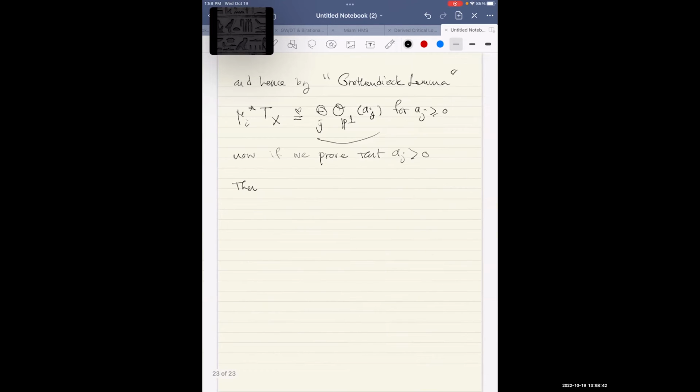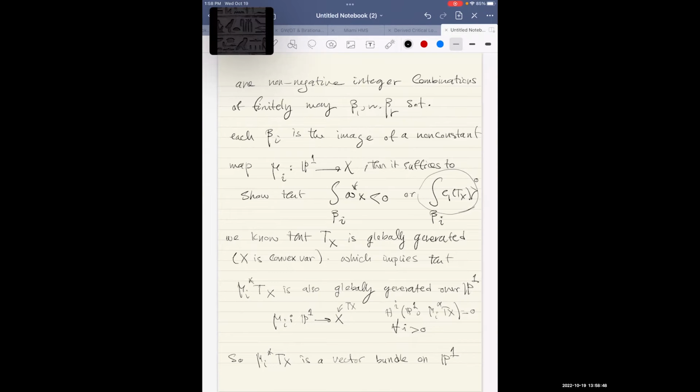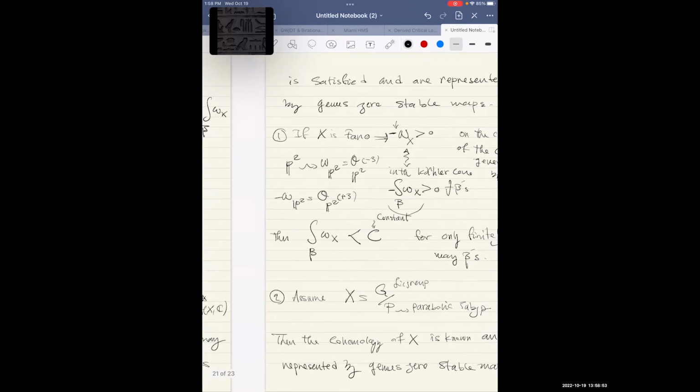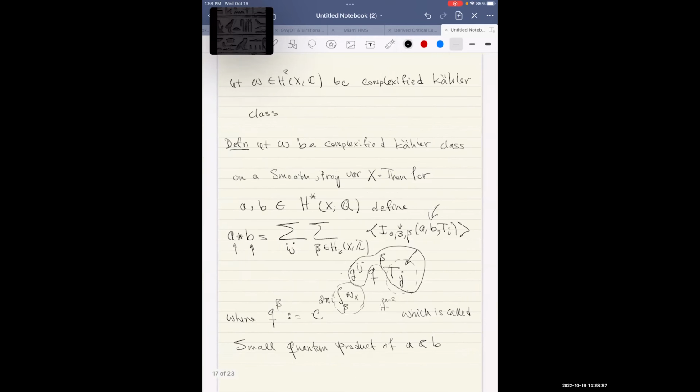So if we prove that all of them are bigger than 0, then that total sum is going to be bigger than 0. So this thing is going to be negative. Then by the same argument that we had before, this sum that we defined here will decay very fast, and only finitely many terms in this double sum would survive.